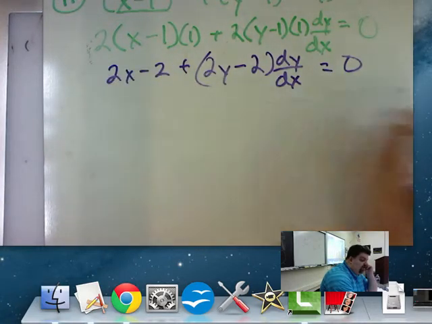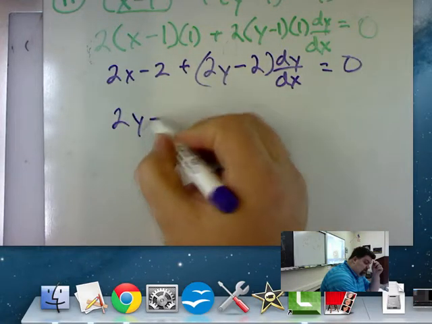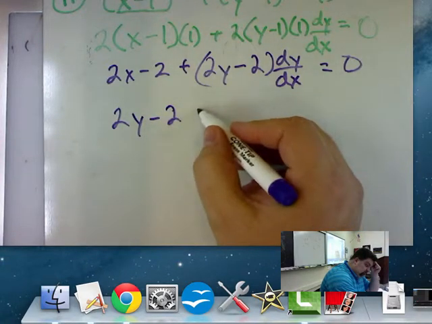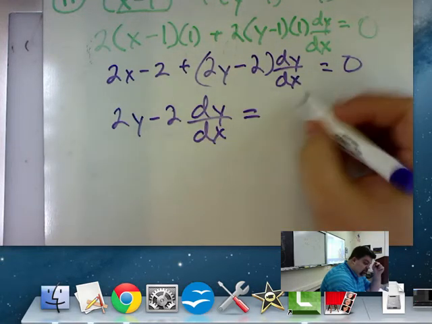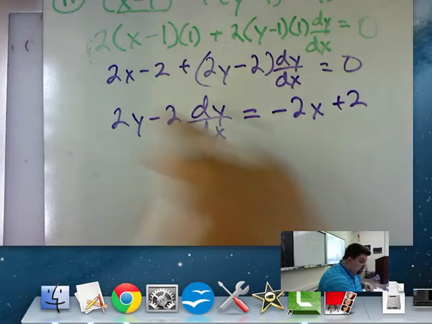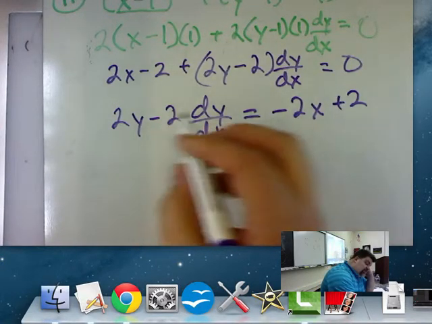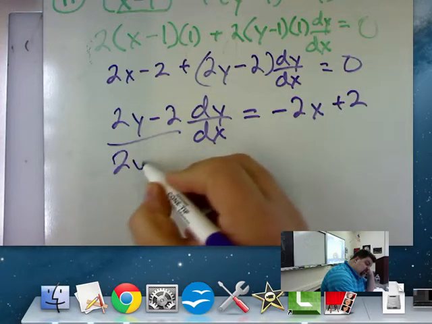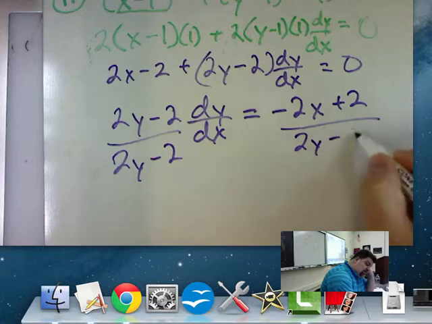So now if I subtract the stuff from both sides, I get (2y minus 2) dy/dx is equal to the negative of those, minus 2x plus 2, because I'm going to subtract both of those and toss them to the other side of the equal sign. Alright, so now I divide both sides by 2y minus 2.